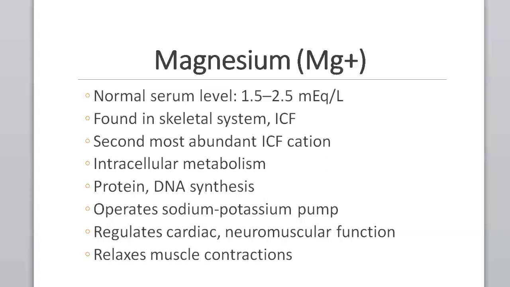It is the second most abundant intracellular fluid cation, involved in intracellular metabolism for protein and DNA synthesis, operates the sodium-potassium pump, regulates cardiac neuromuscular function, and relaxes muscle contractions. A lot of your cereal grains, nuts, dried fruit, and green leafy vegetables are a good source of magnesium as well. Okay.